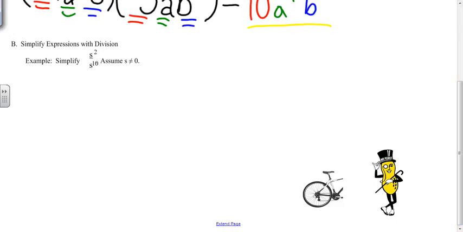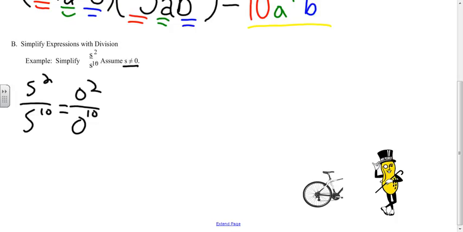Moving on here, we have simplifying expressions with division. Now, a big thing to recognize on this one is that we are assuming s is not 0. If s was 0, we have s squared over s to the 10th power. That would mean 0 squared over 0 to the 10th power, where 0 squared is 0, and 0 to the 10th power is still 0.